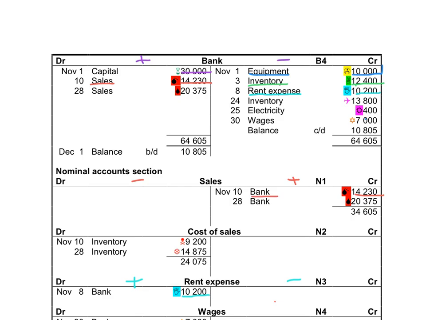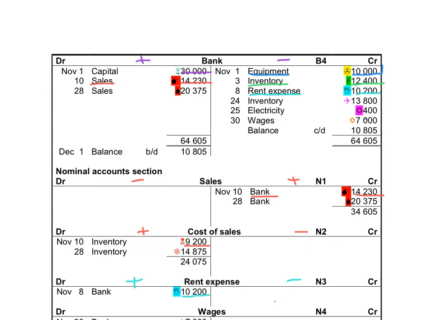Then we also have to complete a double entry for the cost of sales. So cost of sales is an expense and we will have to increase the cost of sales on the debit side with the cost price of the goods that were sold. They gave us this amount. Where did we get the goods to sell?